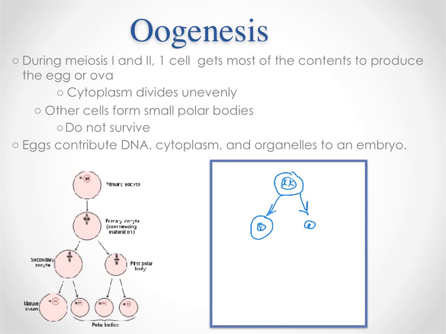And then during the second meiotic division, again, this one divides unevenly, so we get 1 egg cell, which has almost all the nutrients, organelles, and cytoplasm, and these 3 smaller polar bodies, which just dissolve and go away and don't develop into anything. So this would be the egg cell, and these 3 would be polar bodies.